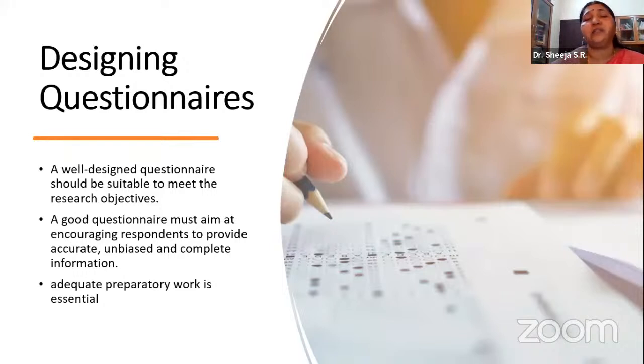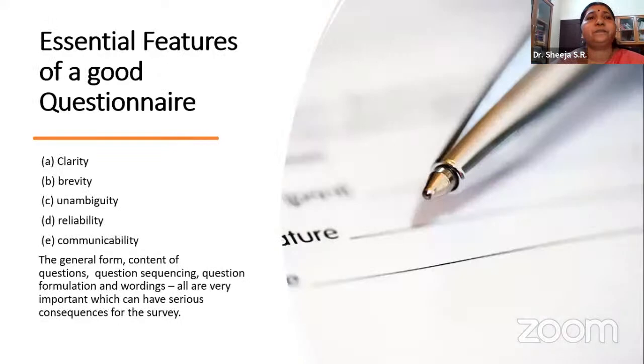If it is biased, our results may not be accurate. So for this purpose, we have to work hard. We require adequate preparatory work. Otherwise, we will not be able to design a very good questionnaire.